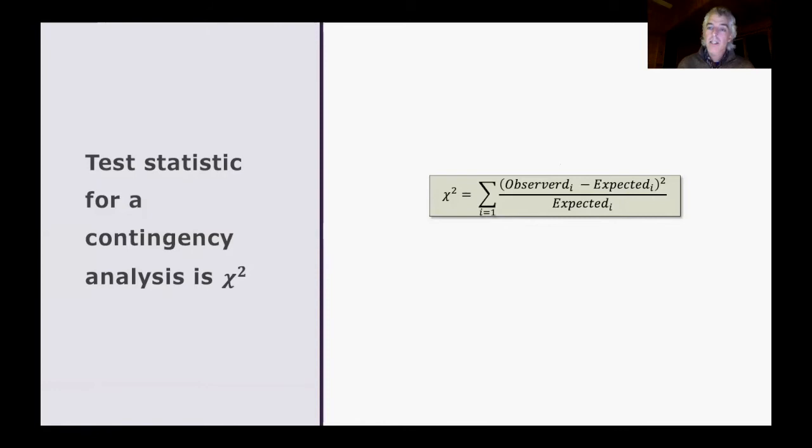And the test statistic that we use for a contingency analysis is one that we're already familiar with from a goodness of fit test. And in fact, a contingency analysis is just a special case of a goodness of fit test. So in this contingency analysis, then, we're going to use a chi-squared test statistic just like we did before, where we calculate the chi-squared test statistic as the sum of all squared differences between observed and expected values divided by the expected values.